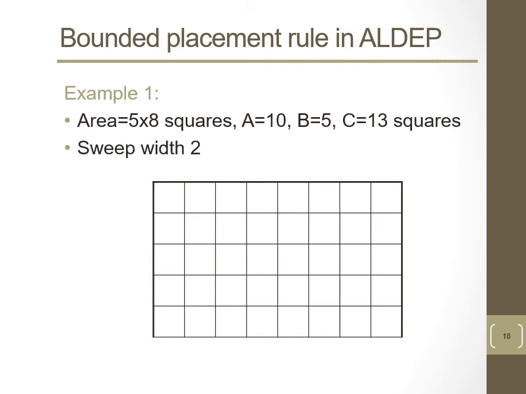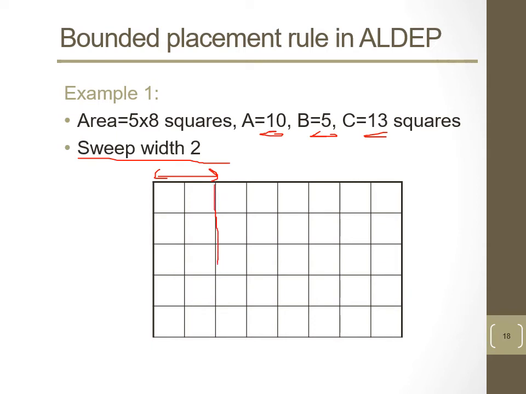Okay, let's consider this example. Assume we have a total area of 5 by 8 squares, and department A requires 10 squares, department B requires 5, and C requires 13. Let's assume that in ALDEP we are using a sweep width of 2, which means that we will divide the lanes with length 2.